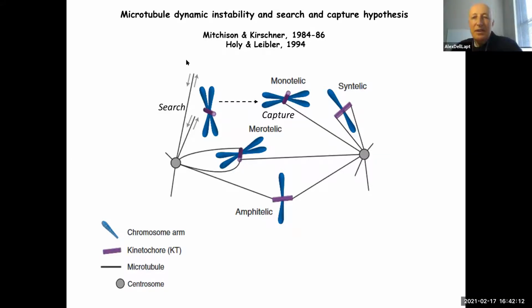As soon as this discovery was made, they speculated. They came up with this hypothesis, unsupported at the time by anything, asking what this dynamic instability is for. They speculated that it can be used by the cell to stochastically assemble the mitotic spindle in the very simple process of search and capture. The idea is that each individual microtubule just repeatedly grows and shrinks and grows in a random direction.